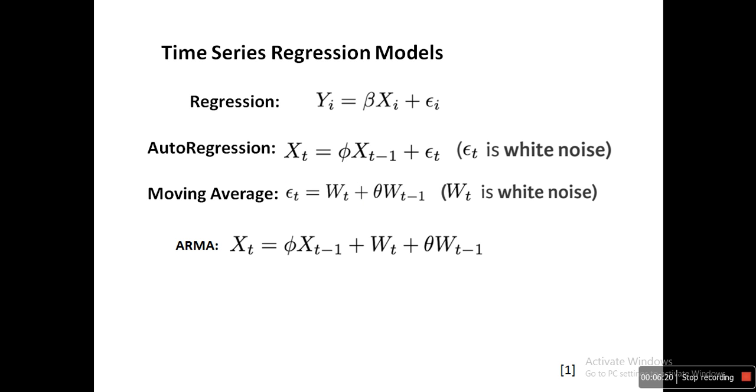What is that integrated? We will see in the next slides. So the value at current time t is predicted with the previous data values plus previous error values. Here phi and theta are the parameters to be learned.